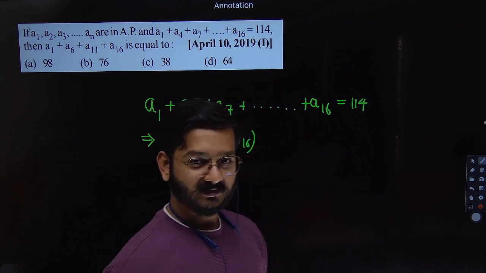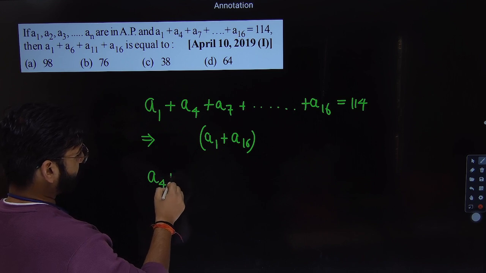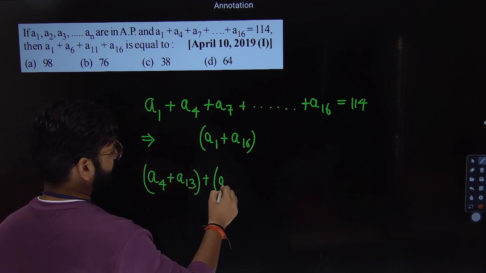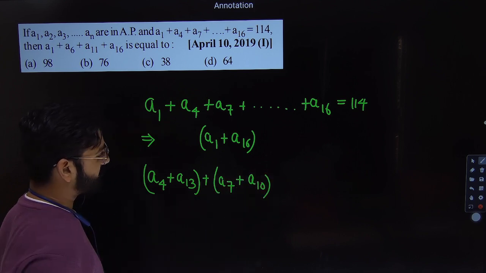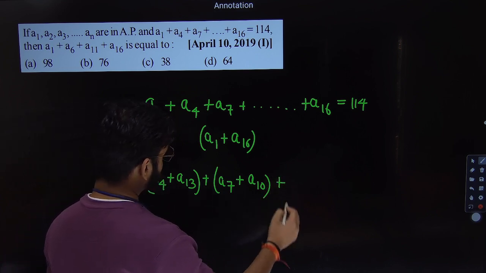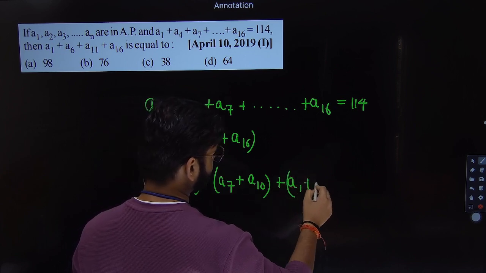Only 3. A4 plus A13, then A7 plus A10, and A1 plus A16. Any other pair left? No.